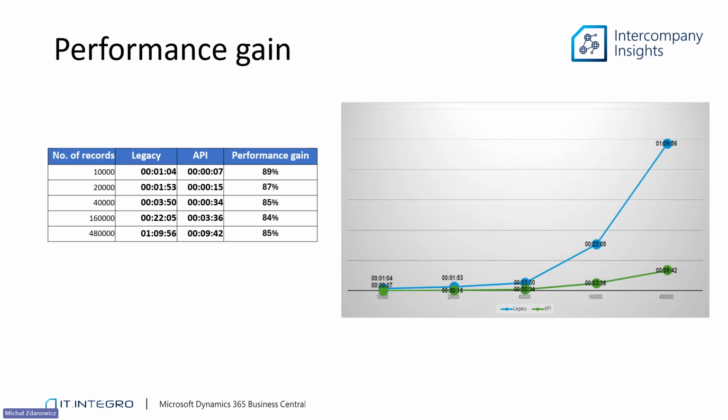If you are talking about 500,000 records, it's not 1 hour 10 minutes, but just 10 minutes. So as you can see on the chart, the more records you have, the better performance gain we have. We were testing on different package sizes, and these are the results.